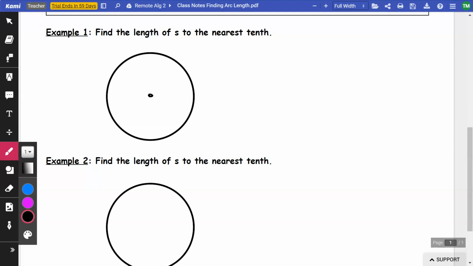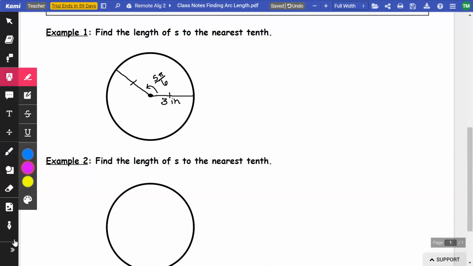So here's the center of the circle. And we are going to have an angle that measures, theta in this case, 5 pi over 6. The radius is 3 inches. So I know that this radius is 3 inches, which means this line is also 3 inches. And we're going to find this arc length.